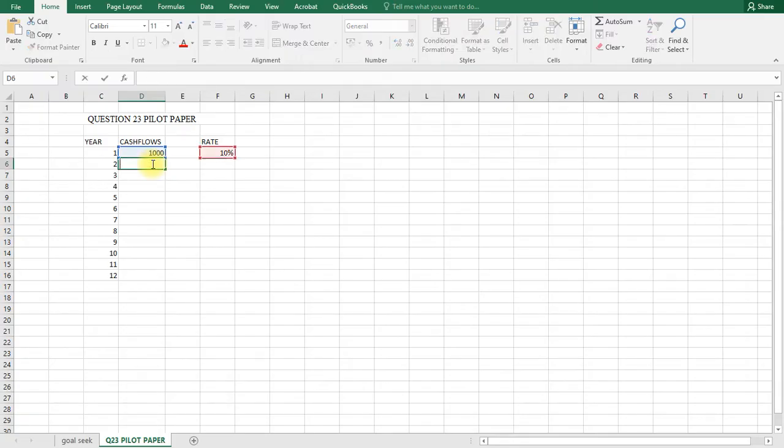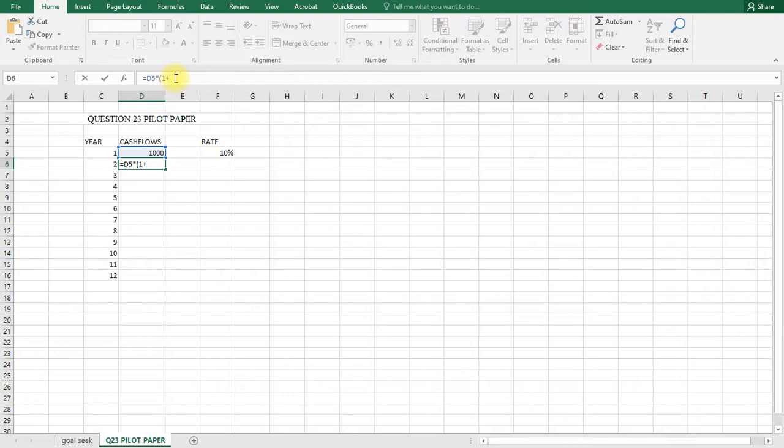Just a minute, that's wrong. It should be equals to 1,000 multiplied by, I will open the bracket, 1 plus the growth rate, and here I will lock the rate using F4, and I close the bracket.